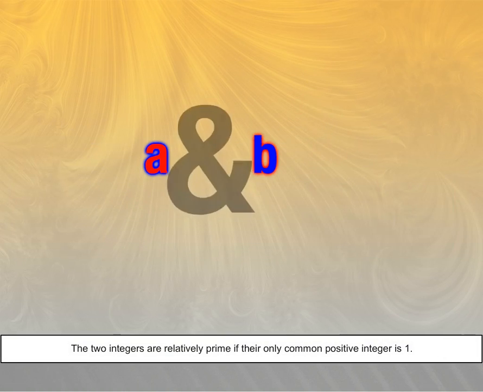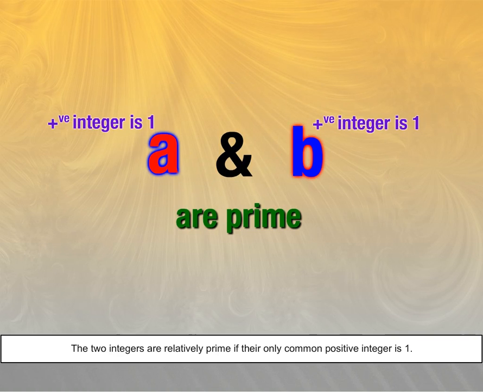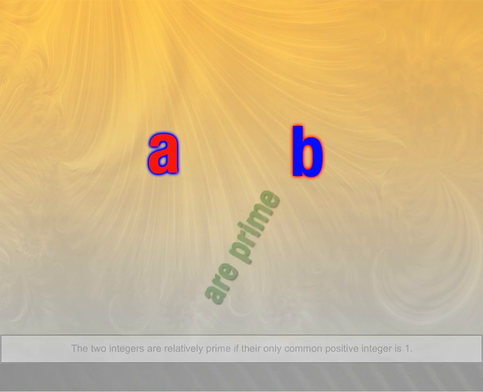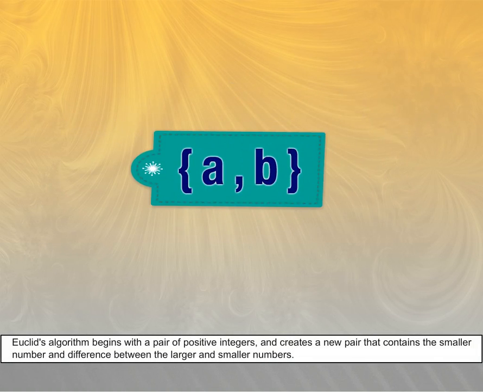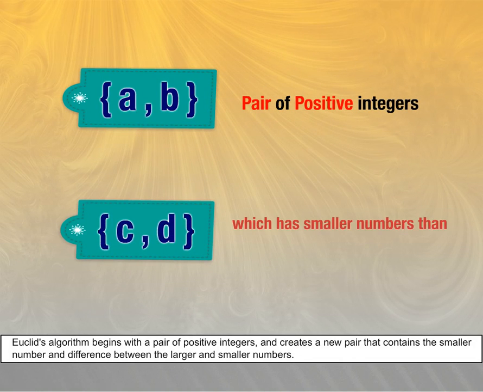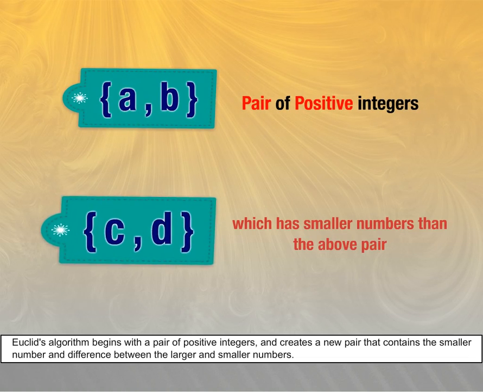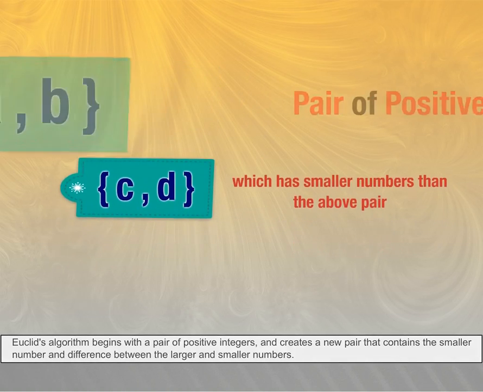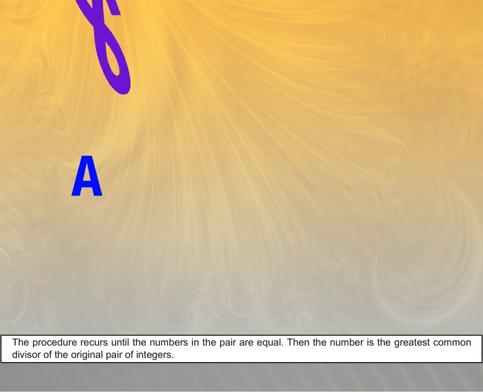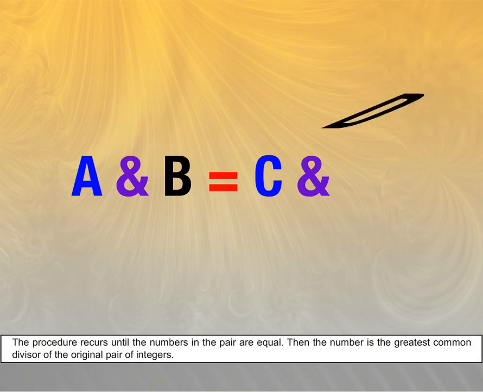The two integers are relatively prime if their only common positive divisor is 1. Euclid's algorithm begins with a pair of positive integers and creates a new pair that contains the smaller number and the difference between the larger and smaller numbers. The procedure recurs until the numbers in the pair are equal. Then, that number is the greatest common divisor of the original pair of integers.